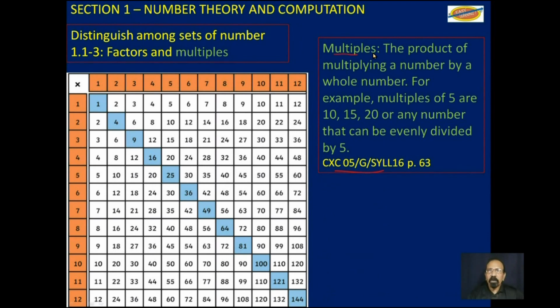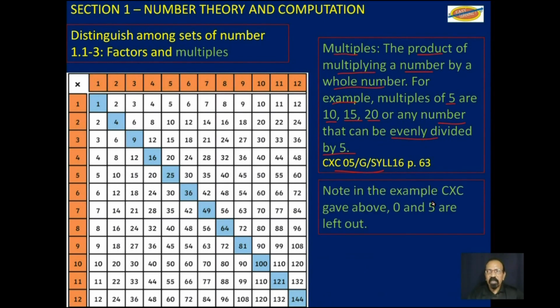Multiples: the product of multiplying a number by a whole number. For example, multiples of 5 are 10, 15, 20, or any number that can be evenly divided by 5. Note in the example CXC gave above, 0 and 5 are left out.